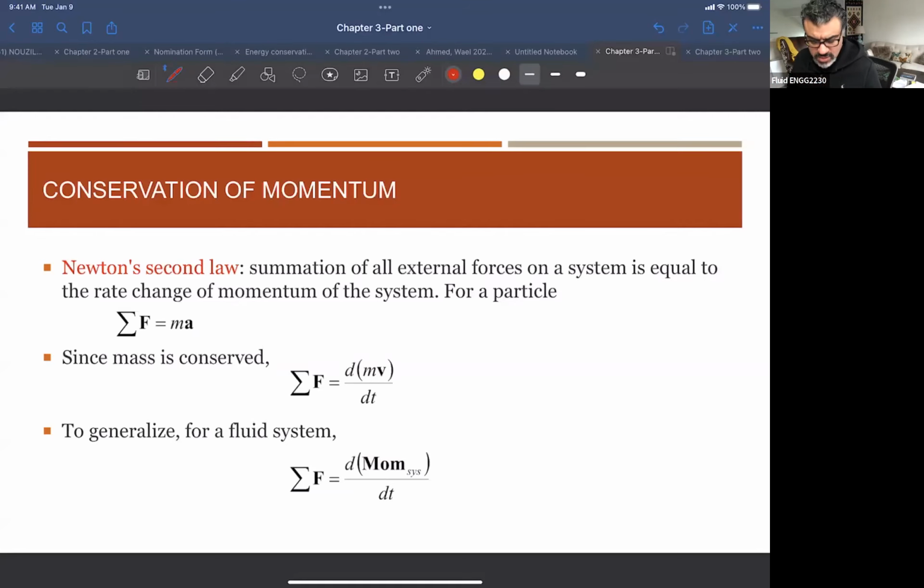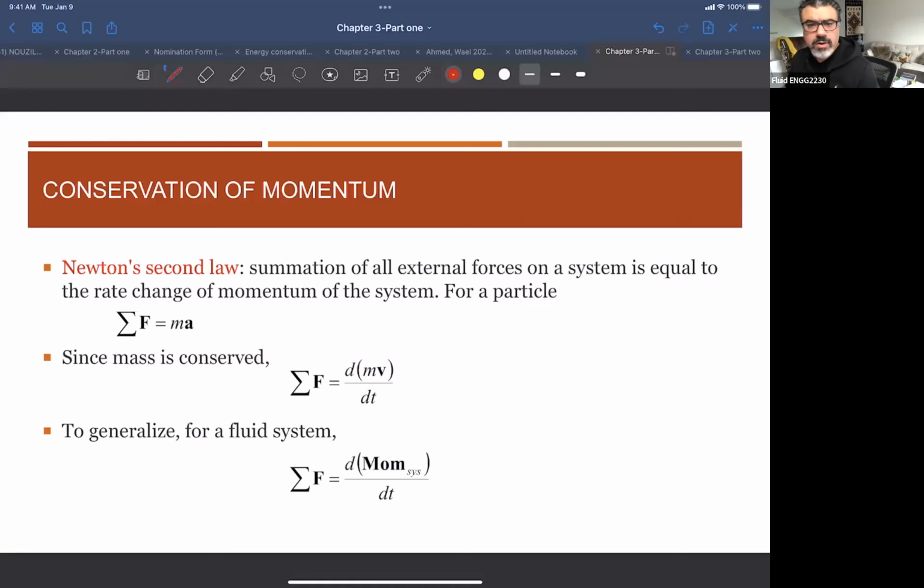Of course, in your solid mechanics, you've studied this as forces applied on a certain element or a body that is a rigid body or something. In our case here, we have a fluid, okay? So we need to find out the same thing. We need to find out the forces applied on the fluids, or these forces that are changing the momentum of the fluid inside this system, okay?